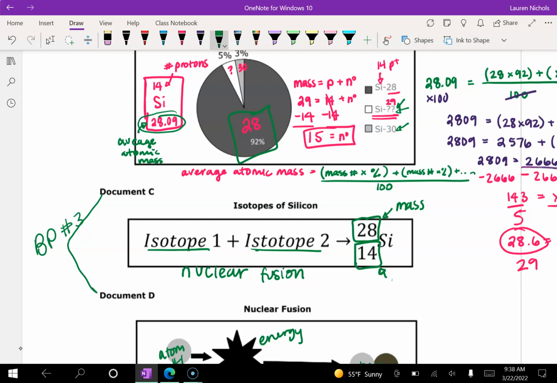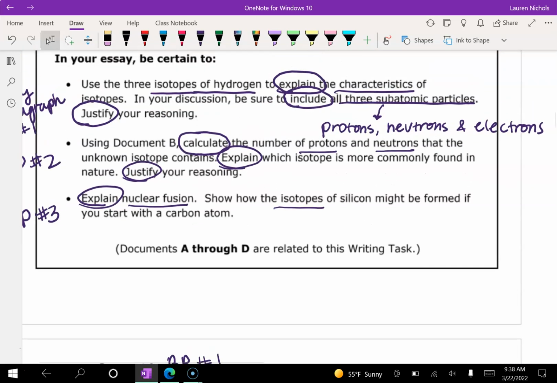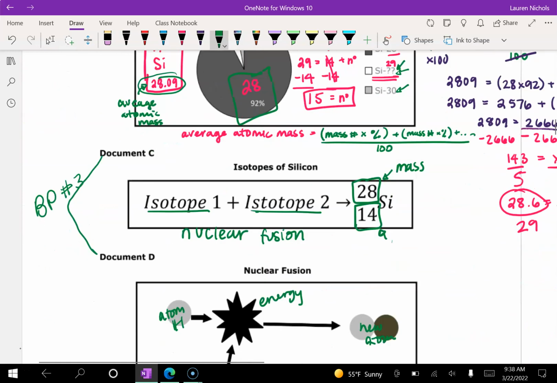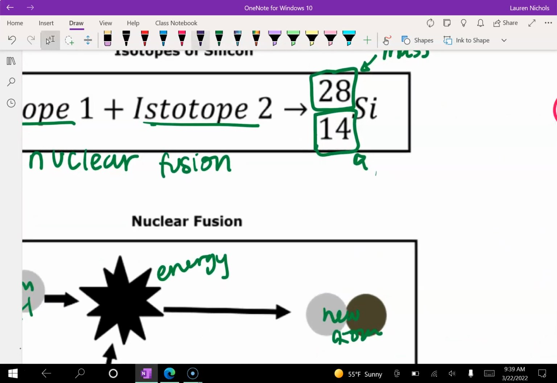It does want us to show how we could form an isotope of silicon if we started with a carbon atom. What we can do is, if we look at the carbon is number 6 on the periodic table, and most carbons have a mass of 12.